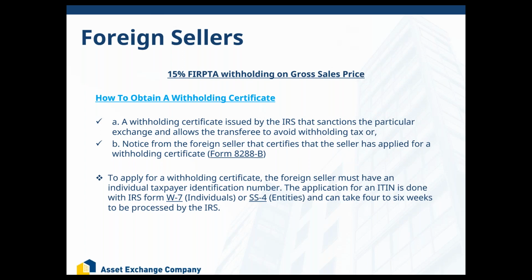Now, if the sales price is greater than $1 million, it doesn't matter either way if the buyer is going to live in it as their primary home or not. It's still the 15%. You know, typically in a 1031 exchange, the typical buyer of a 1031 exchange property, investment property, is also an investor. They never have any intent on living in it as their primary. All right, but that's some of the ways you can get out of the FIRPTA withholding.